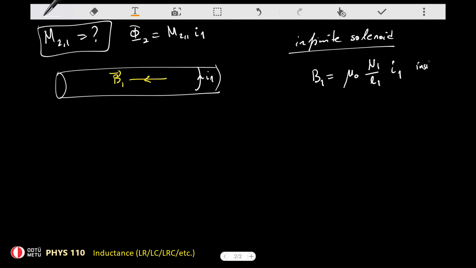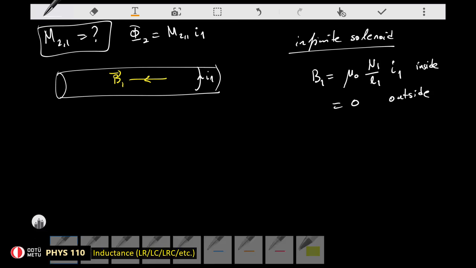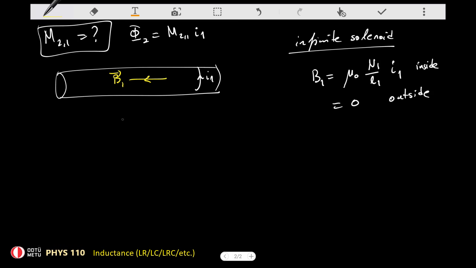That's inside, and it is 0 outside. There is a uniform magnetic field inside, and its value is given by that expression. Let's remember this, because we are going to use it a lot. The fact that it is uniform is important.